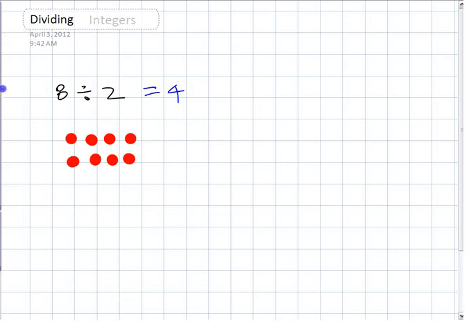You can use those two to figure out what makes sense for integers, because if you have now negative 8 divided by negative 2, which of those two models can you use to figure out what that is? Here's negative 8, if we're using blue for negative.